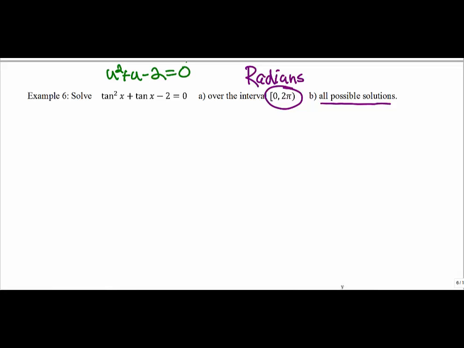The first thing that I would try if I was solving that in algebra would be to factor. So let's try the same thing here. Set up our 2 parentheses. It's already set equal to 0, so all we have to do is factor this trinomial. We can think of it as tangent x, so u times u, or tangent x times tangent x.